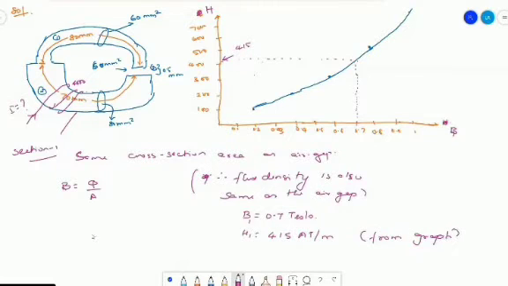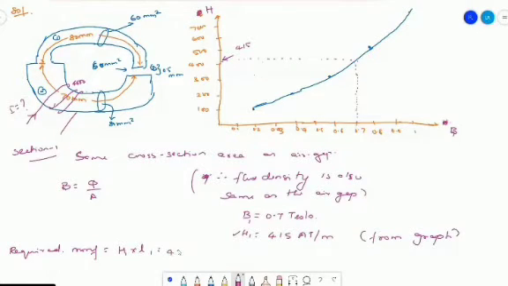And now I know H1 and I know this length 80 mm. So I know the MMF required in this section 1. Sorry, the required MMF will be nothing but H into L. So of course, as I told you, there are 3 equations that we know for this MMF, but since H and L are known to us, this will be more appropriate.